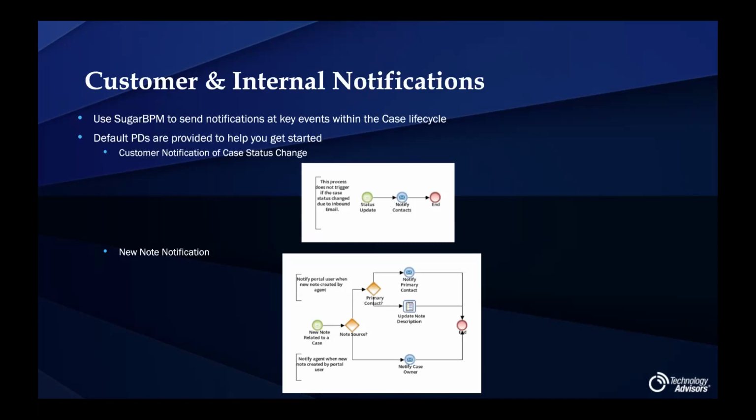Or maybe we get a new note on a case, and so we check, in this example, whether that note was created by a customer using the customer portal, or whether it was created by one of our service agents. And then based off of that, if it was created by a service agent, then we want to notify the customer. If it was created by the customer, we want to notify the service agent.